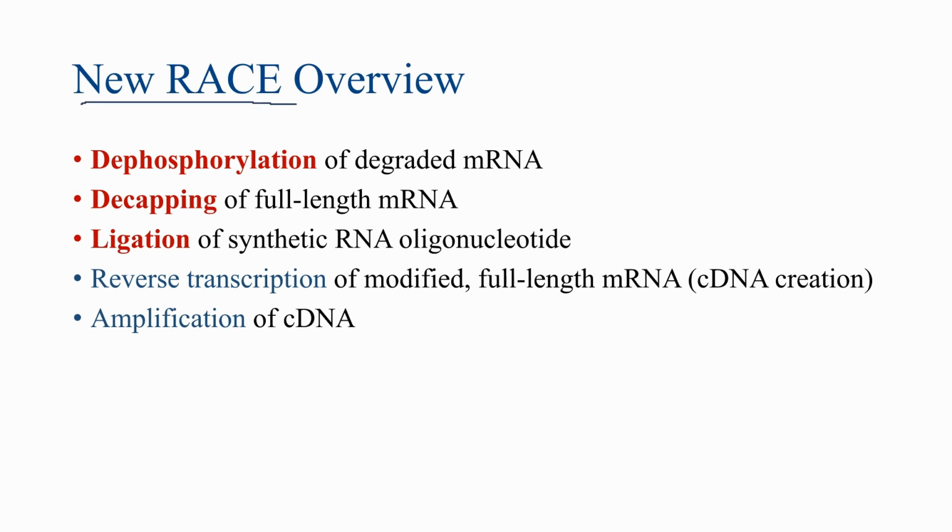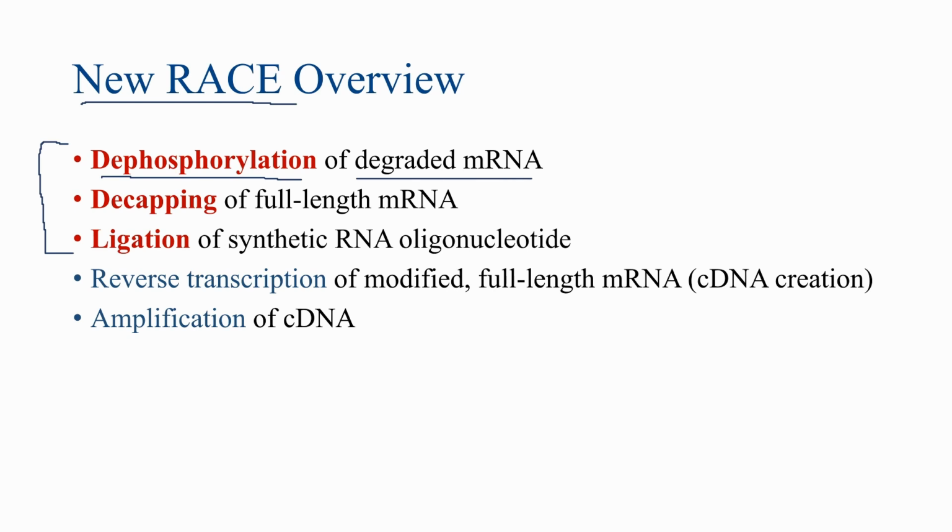The first thing to recognize is that there are differences between classic RACE and new RACE. And in red, I highlighted the steps in new RACE that differ from the classic RACE. So for example, in the new RACE, you begin by dephosphorylating the degraded messenger RNA within your sample.